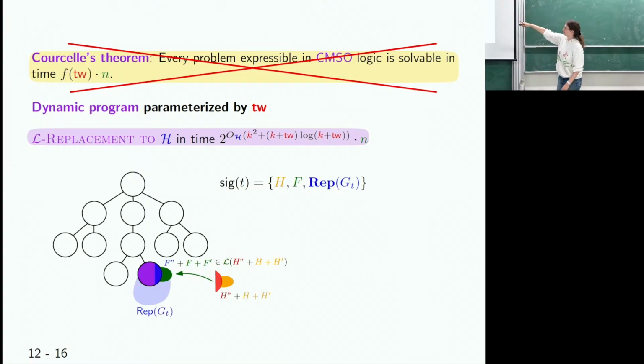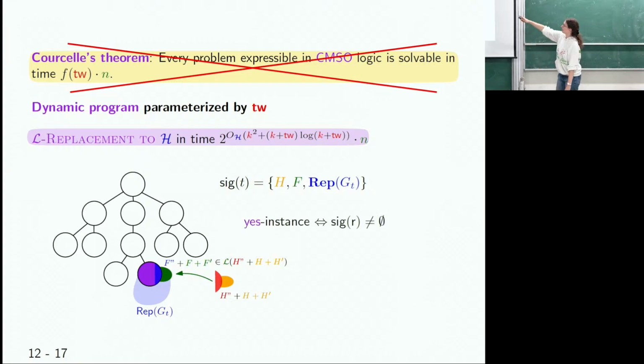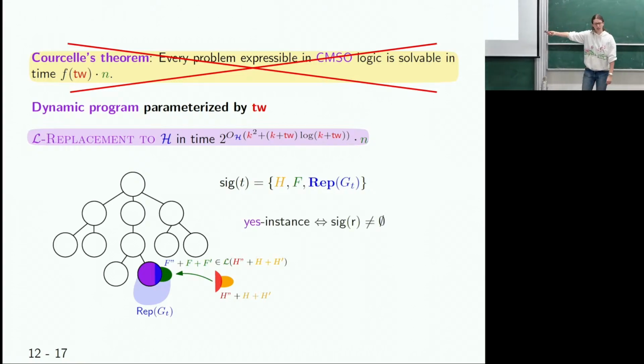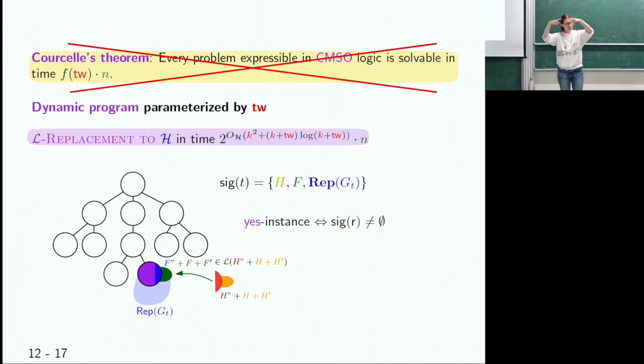Okay, and the signature is the subgraph that I modified, the subgraph that I get after doing the modification, and the representative. And again, we can prove that this is bounded, and this is a yes instance if and only if the signature on the root is non-empty. And so this gives this running time above.